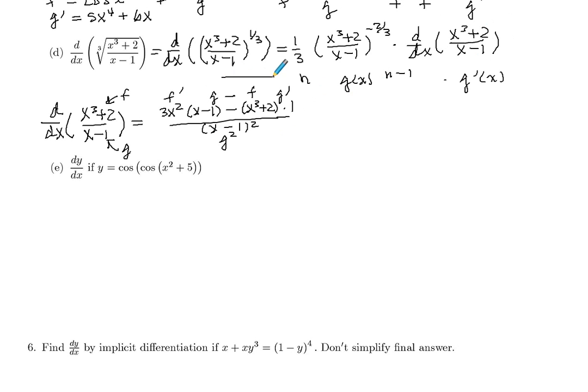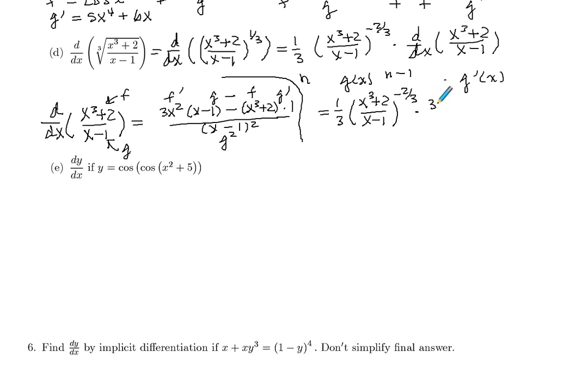So this derivative then equals 1/3 comes down in front. The inside function stays the same, (x cubed plus 2) over (x minus 1). Decrease the exponent by 1, negative 2/3 power, times the derivative of our inside function. And you don't have to do any simplifying.